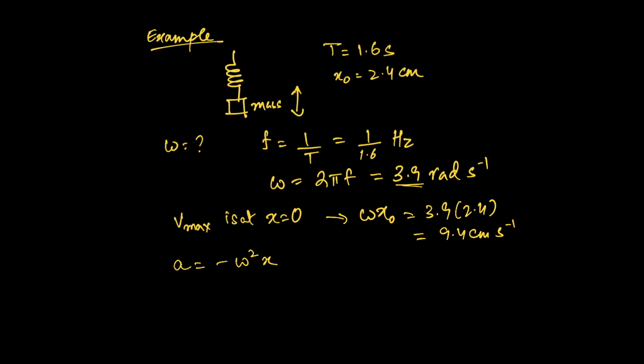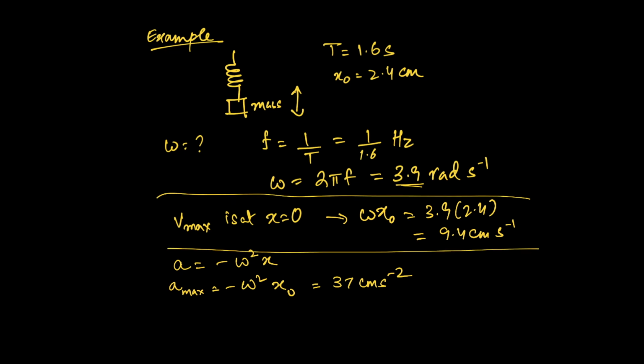Well, maximum acceleration happens at the maximum displacement point. So we'll have to go with the amplitude there, x naught. If you do the arithmetic on that, this becomes 37 centimeters per second per second.